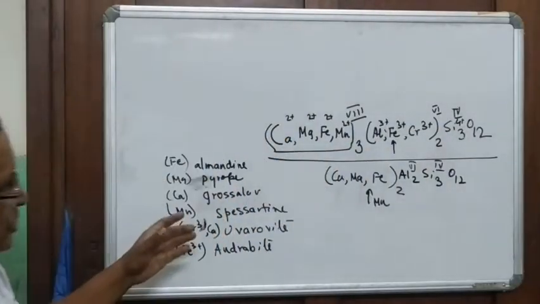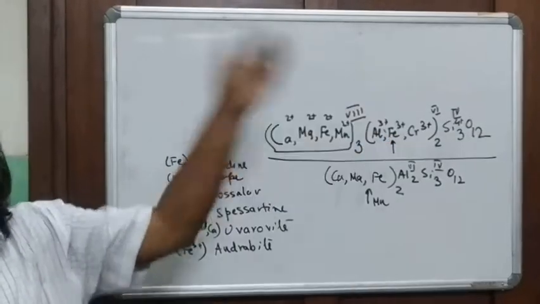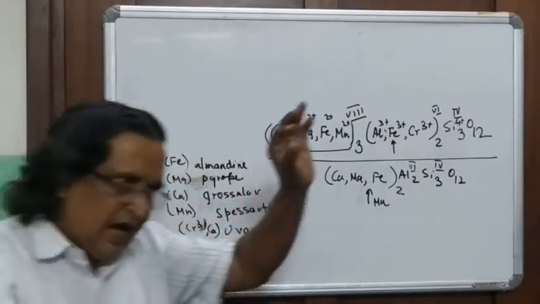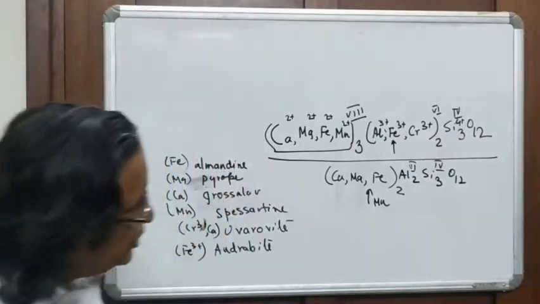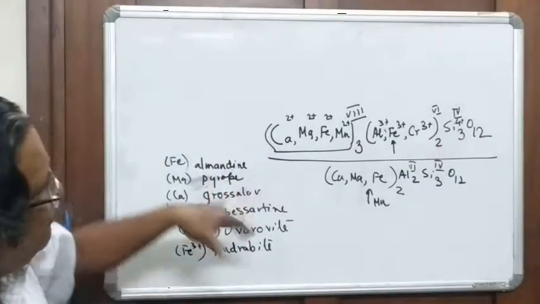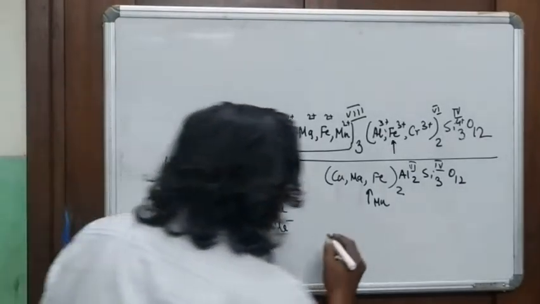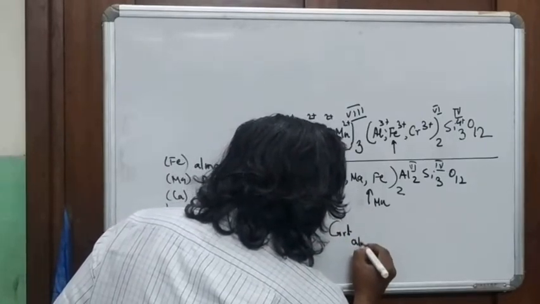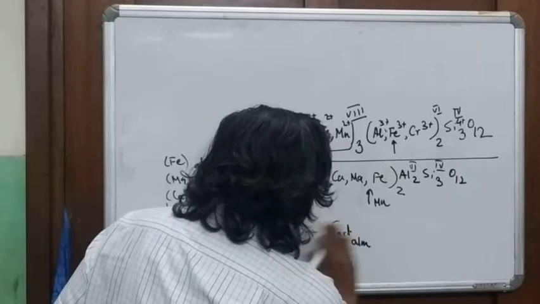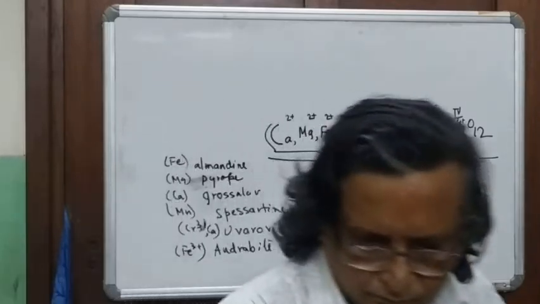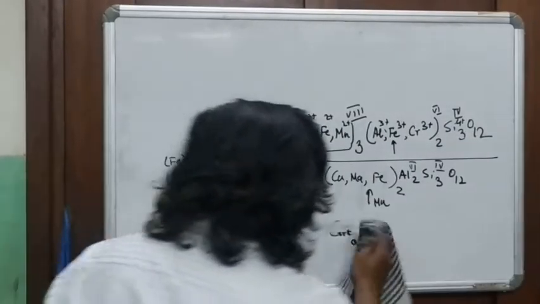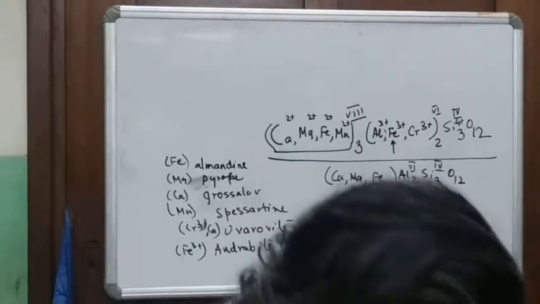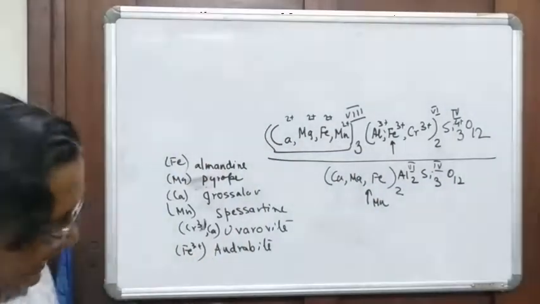Phase component of a phase. So you have a phase component and you have a phase. Normally the custom, when you write, say, garnet, almandine, there is a way to write it, and this is internationally accepted.